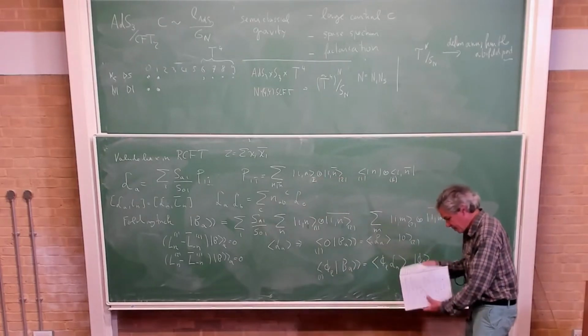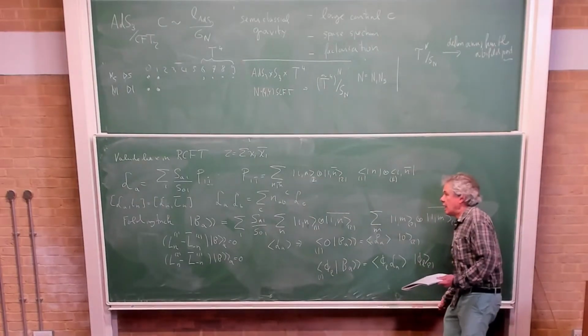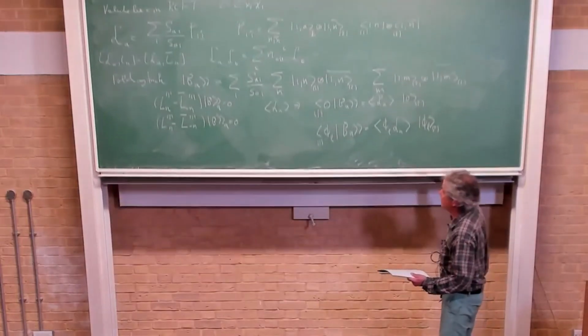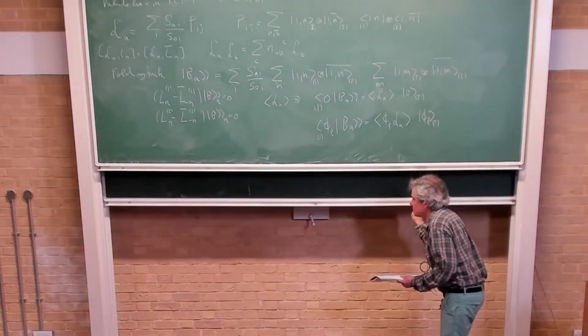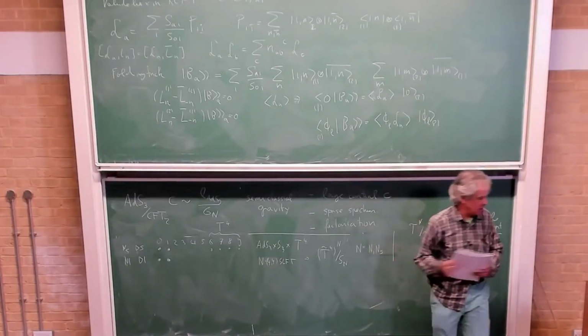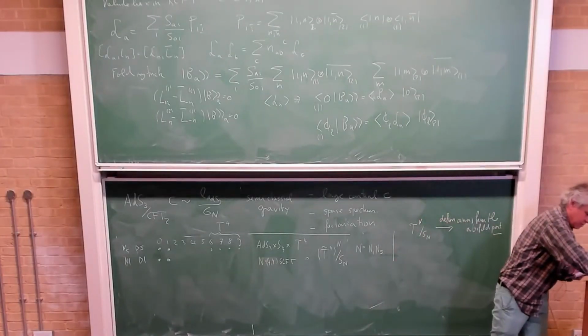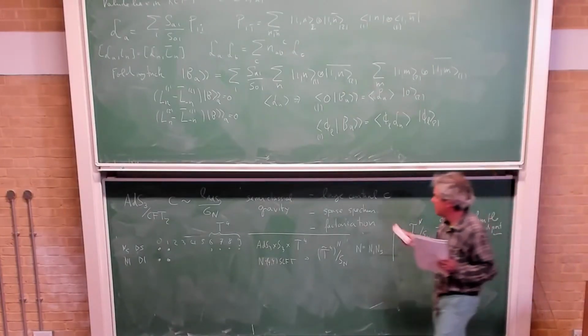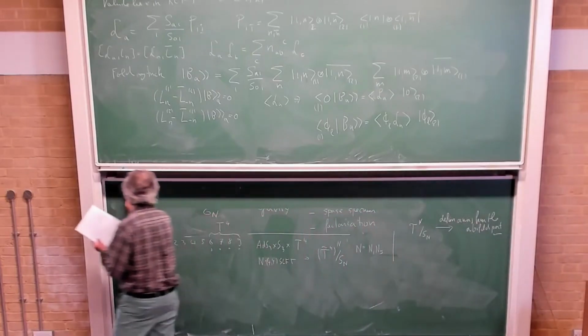Okay, so now I wanted to apply this more pedestrian way of constructing topological defect lines to the symmetric orbifold.